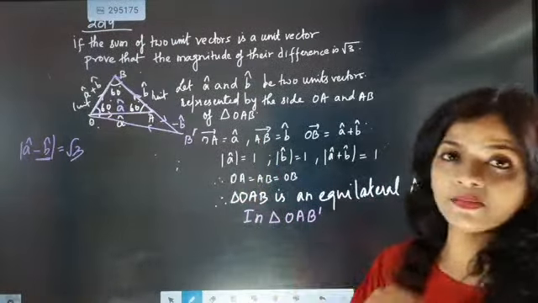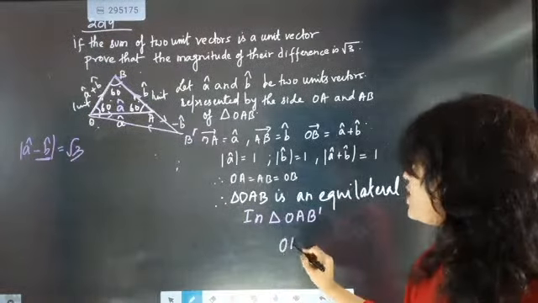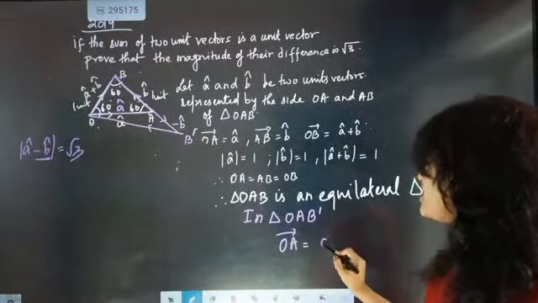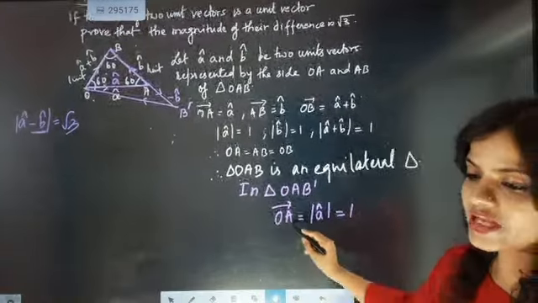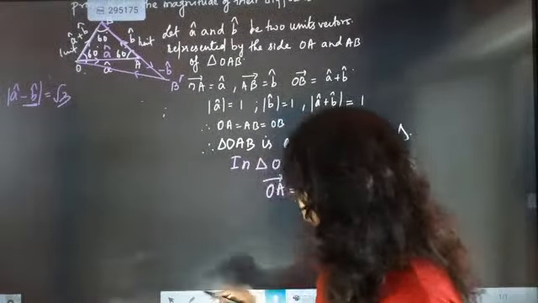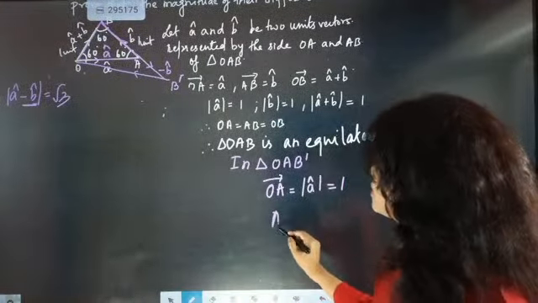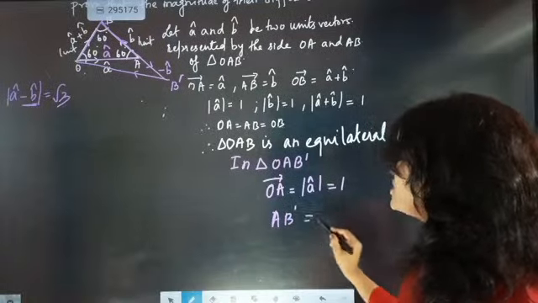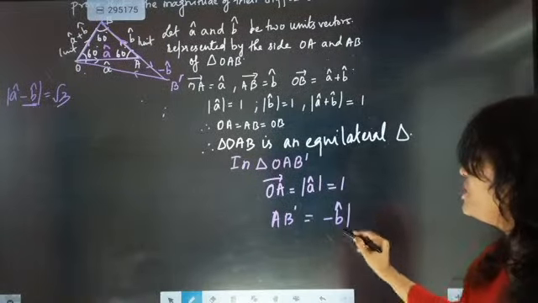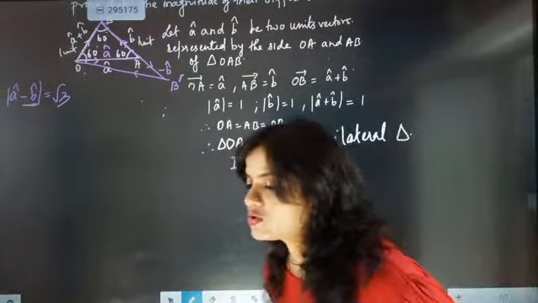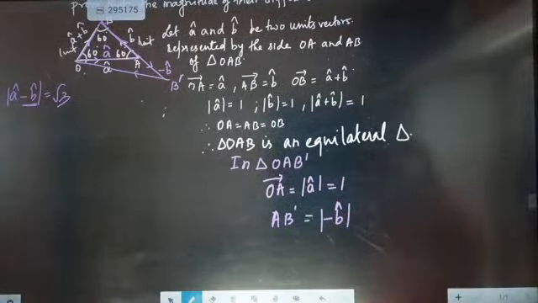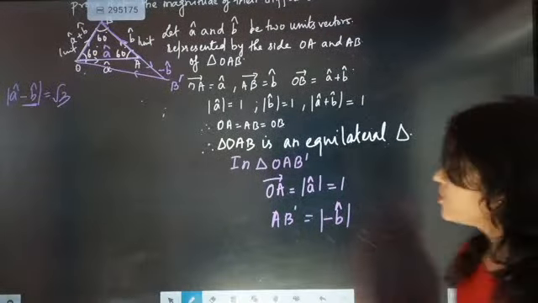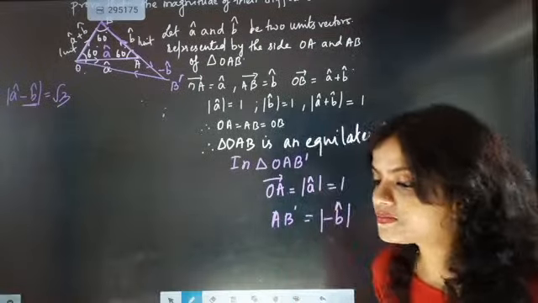So OA is a unit vector, and its magnitude will be 1. Now AB dash will be equal to minus B unit vector. What will be its magnitude? Come on, quickly write what will be its magnitude.